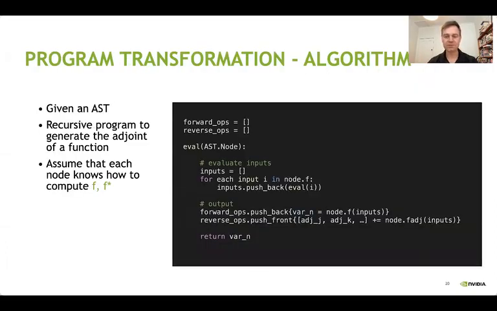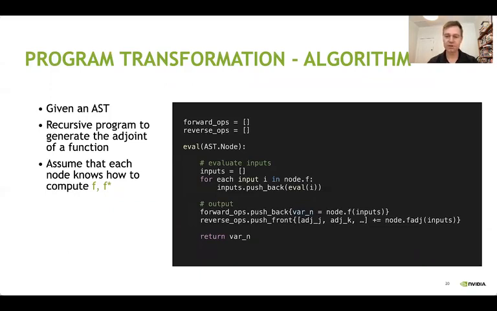And just to describe at a high level, in some pseudocode, how we do this, and to give a little more detail on the algorithm if you want to implement this yourself: given your AST, assume we're doing it in Python with a Python AST, this little code snippet shows you how to generate the adjoint of your function. We take our root node as input, and we do a depth first reversal.